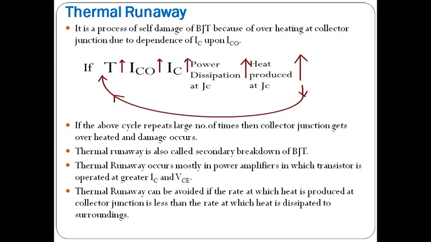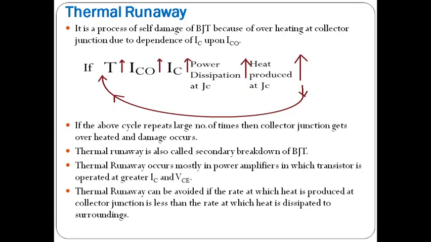How can you avoid it? The heat produced at the collector junction must be less than the heat dissipated to the surroundings. That's why, among the collector, emitter and base regions, the collector region size is larger.